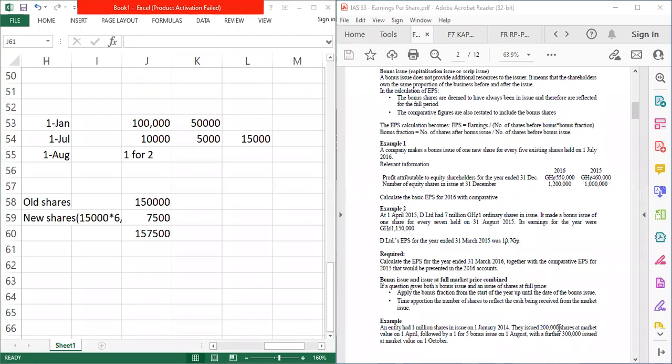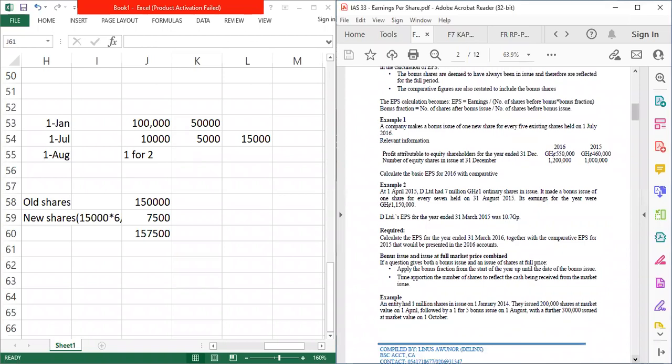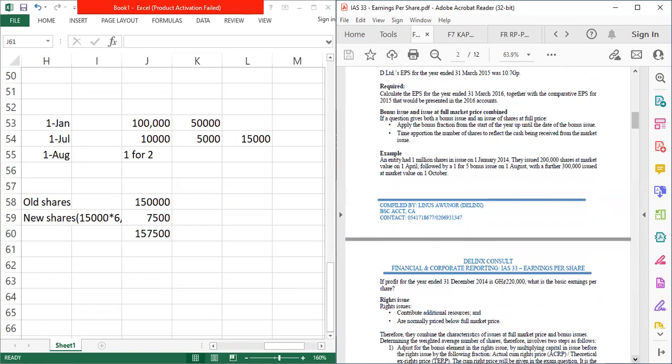Okay. Let's look at example 1. An entity had 1 million shares in issue on January 1, 2014.